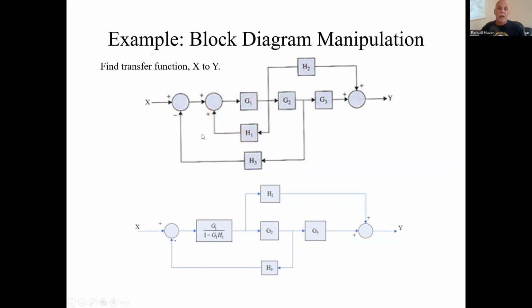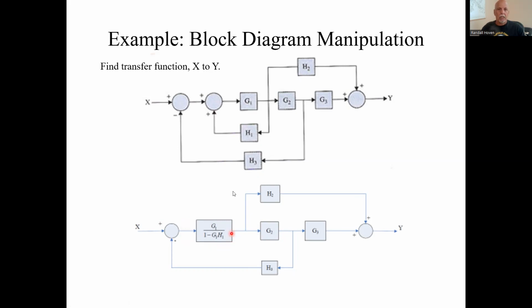That's a plus there, so it's going to be a minus there. Normally, when we have a minus sign on the feedback loop, it's g over 1 plus gh. Since it's a plus here, it's the opposite sign. So it's g1 over 1 minus g1 times h1.